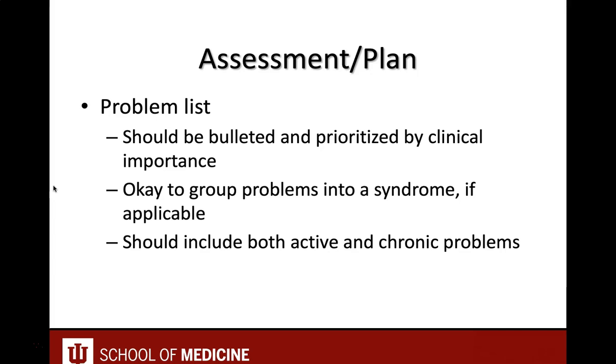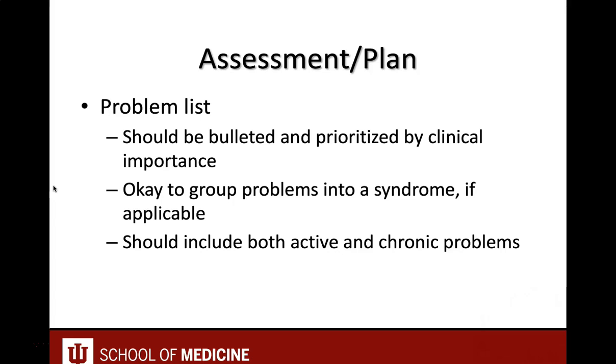In the assessment plan, you should provide a problem list, which should be bulleted and prioritized by clinical importance. It's okay to group problems into a syndrome if applicable, but you should still list all the problems in some fashion.